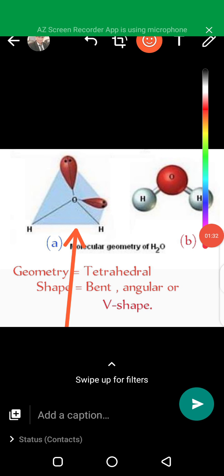Now consider the molecule of water. In this structure, oxygen, as we know, has 6 electrons in its valence shell. Oxygen has shared 2 electrons, one with each hydrogen, and formed a bond. So one bond and a second bond, these are the 2 hydrogens forming bonds with oxygen.